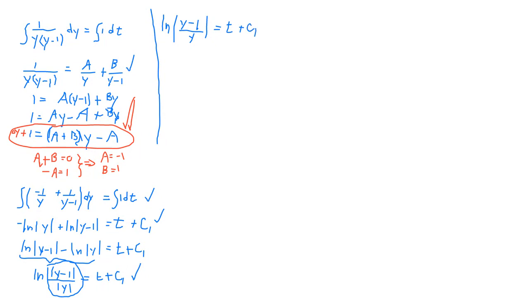And that's right, Matthew. Now we exponentiate both sides, and if we do that, we'll get the absolute value of y minus 1 over y equals e to the t plus C1 power. And this, of course, is e to the t power times e to the C1 power.